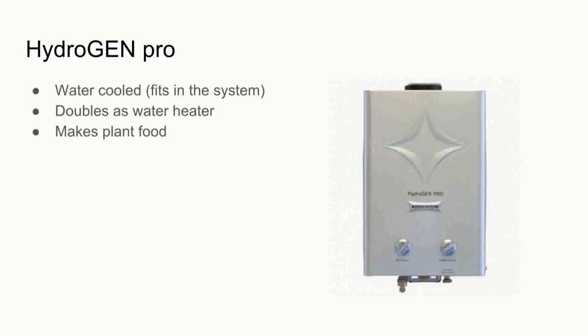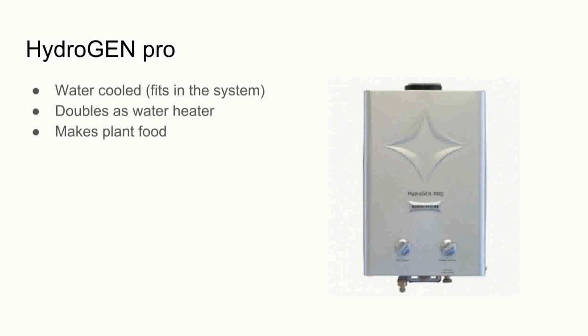So it's water cooled. I can use the existing water system to cycle water through it. This has the effect of cooling it. I did use this for brief periods during the summer when the morning temperatures were cool enough before it got too hot.